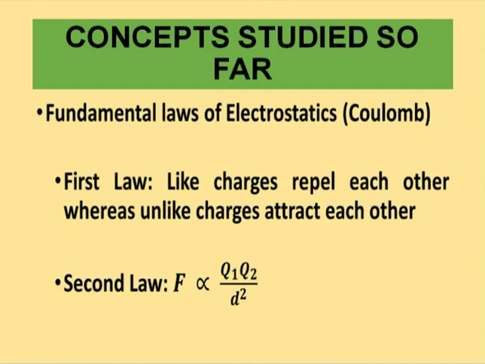The second law of Coulomb gives us the magnitude of the force of attraction or repulsion, as the case may be. It states that the force between 2 point charges is directly proportional to the product of the magnitude of the charges and inversely proportional to the distance between them. That means more the distance, less will be the force, and vice versa.